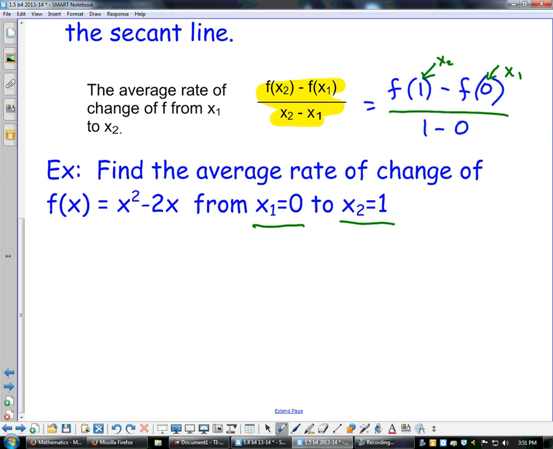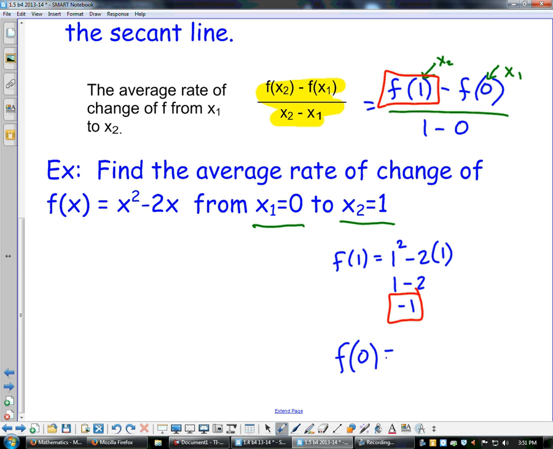So what is f of 1? f of 1 is equal to 1 squared minus 2 times 1. That's 1 minus 2, I'm getting negative 1. So right here, f of 1 is equal to negative 1. And then f of 0 is 0 squared minus 2 times 0, which is 0.